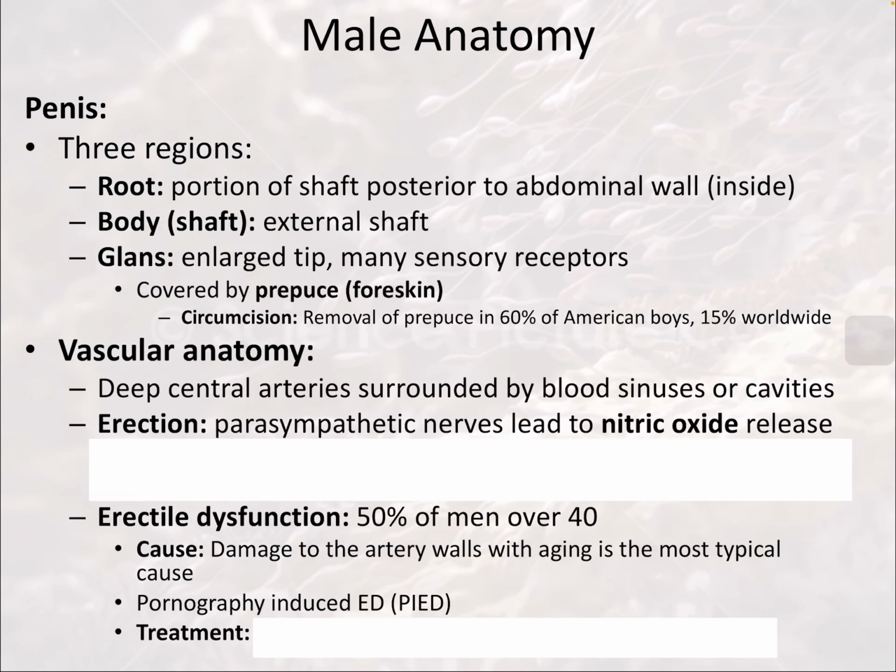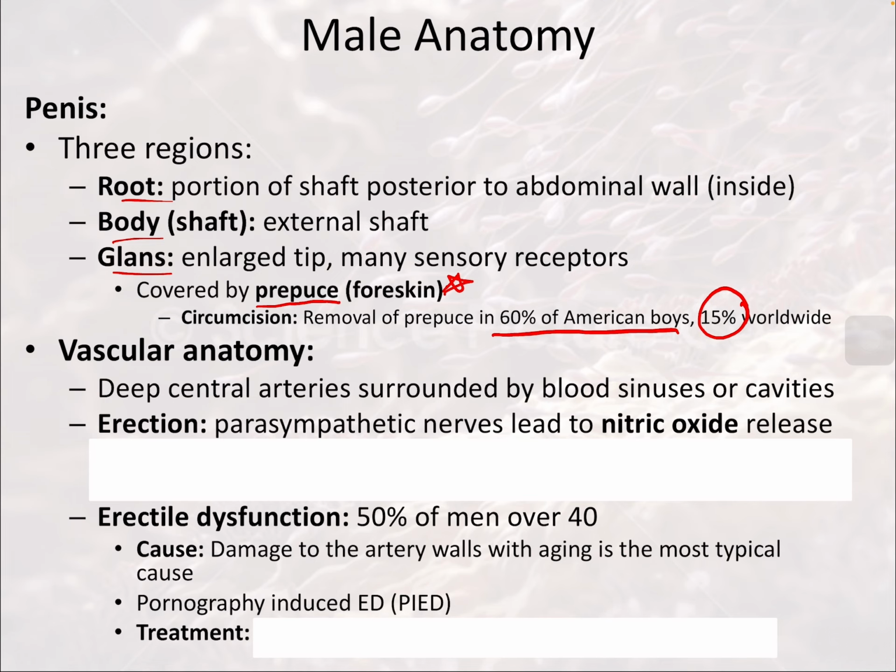All right, and then lastly, anatomically, the anatomy of the penis. There's three regions: the root, the body, and the glans. And the glans is covered by what's known as a prepuce, which is the foreskin. Okay, this is the piece of skin that's removed in about 60% of American boys, but only 15% of boys worldwide.